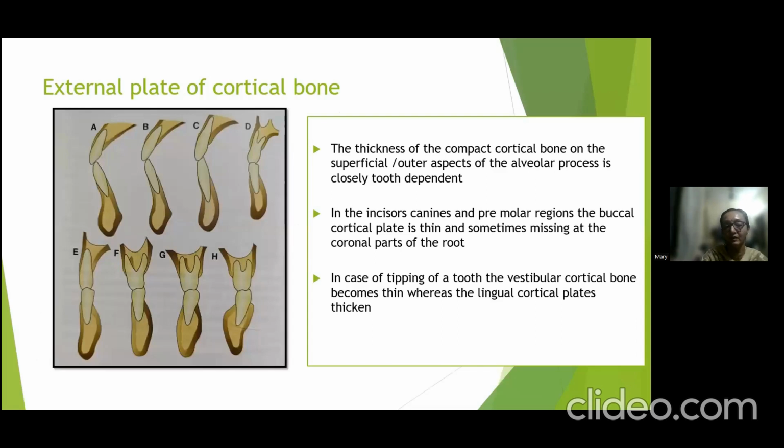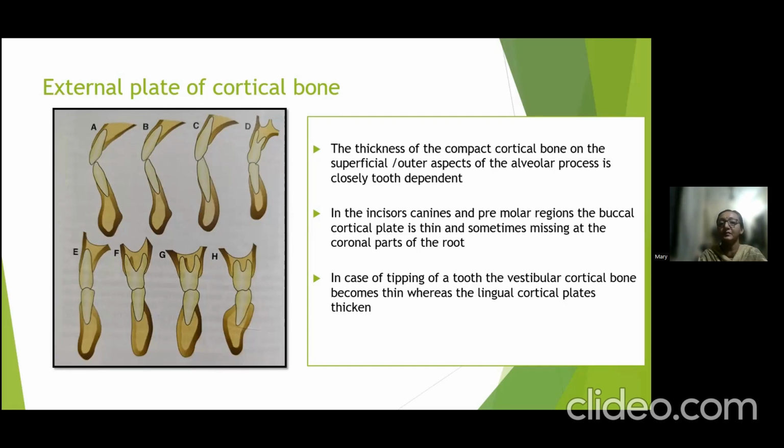Now coming to the discussion in detail about each part, let's first discuss the external plate of cortical bone. The thickness of the compact cortical bone will differ depending upon the location of the tooth, the angulation of the tooth, and the position of the tooth in both the maxilla as well as the mandible.